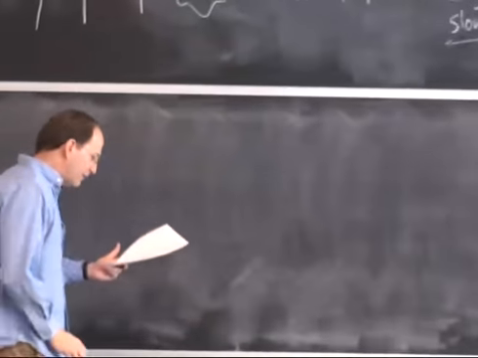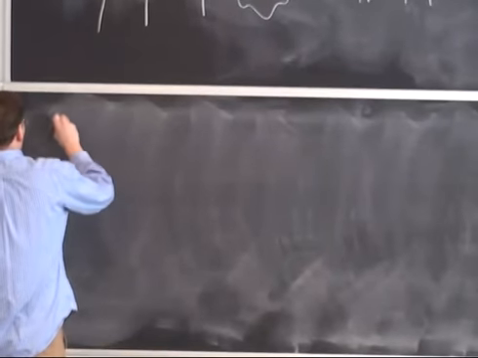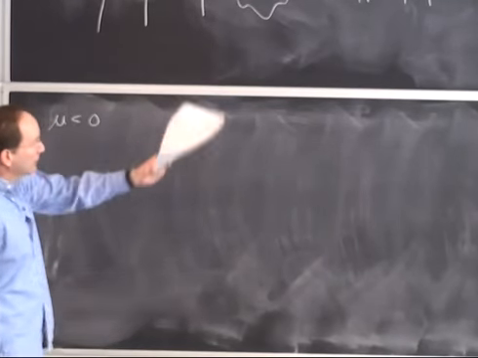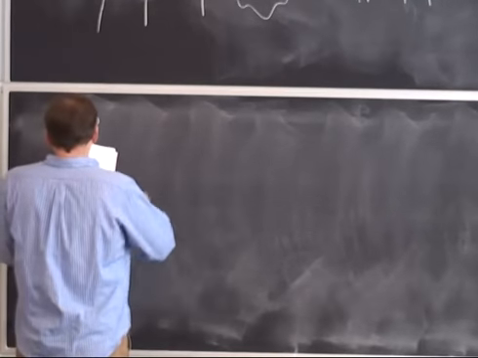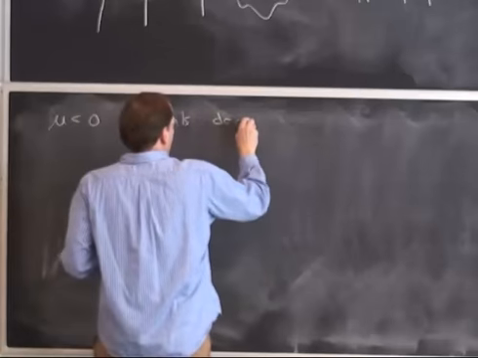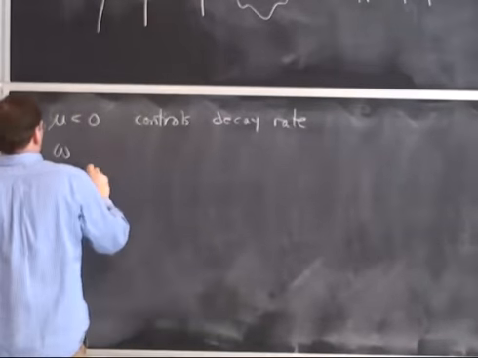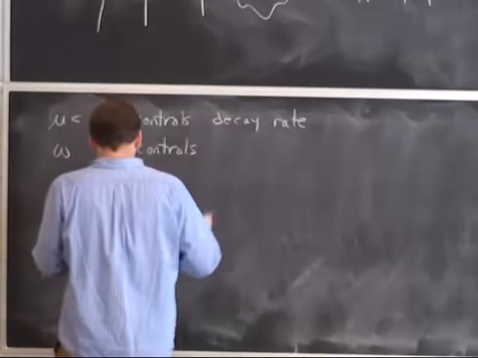In the case where mu is negative, which is what we're interested in, the attracting case, mu negative controls the decay rate, and omega controls the rotation rate of the spiral.